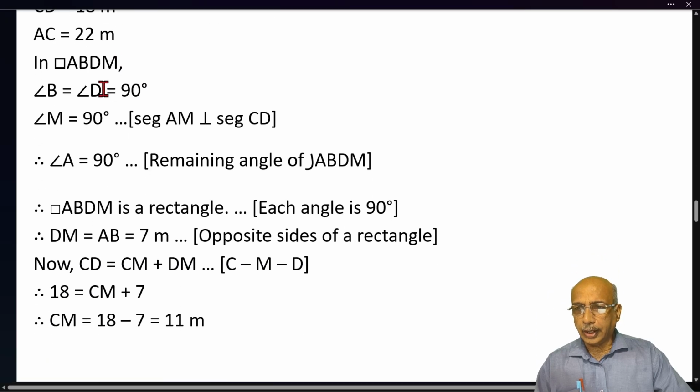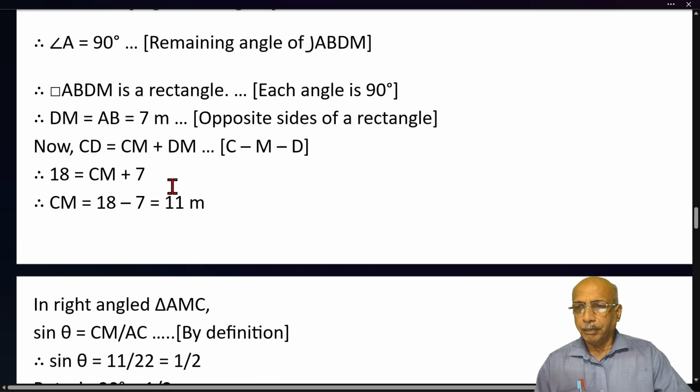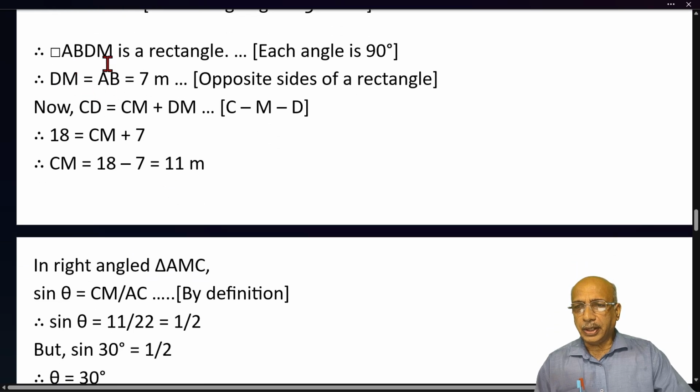In quadrilateral ABDM, angle B equals angle D equals 90 degree, angle M equals 90 degree, as from construction segment AM is perpendicular to segment CD. Remaining angle A equals 90 degree. Therefore, quadrilateral ABDM is a rectangle.